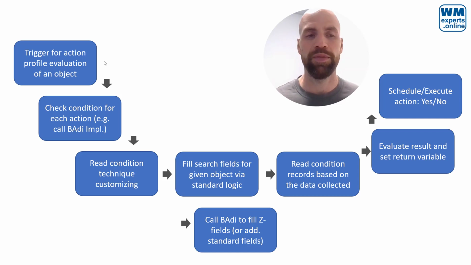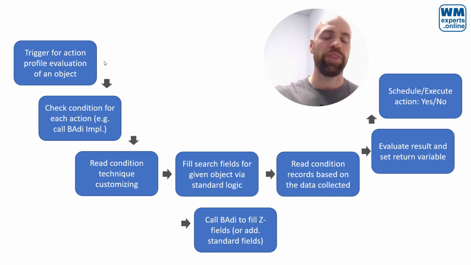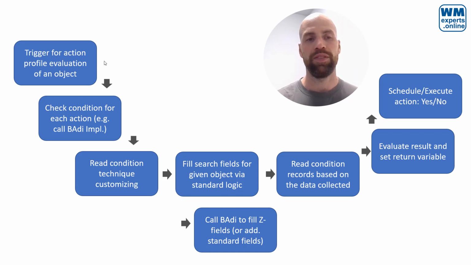For example, a delivery document is being created or changed, or an HU changes its state, and in this context, EWM standard goes through the action profile which is assigned to the object and evaluates each action within the profile. And at the very end, we have an action which is scheduled or not. And we will go through the whole flow step by step.